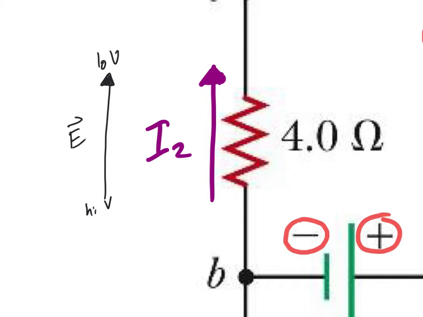So for my resistor, this is the high voltage side, this is the low voltage side. And I'm going to do this for every single resistor. Where the current goes in to the resistor, that's the positive side. And where it points out of the resistor, that's the negative side.